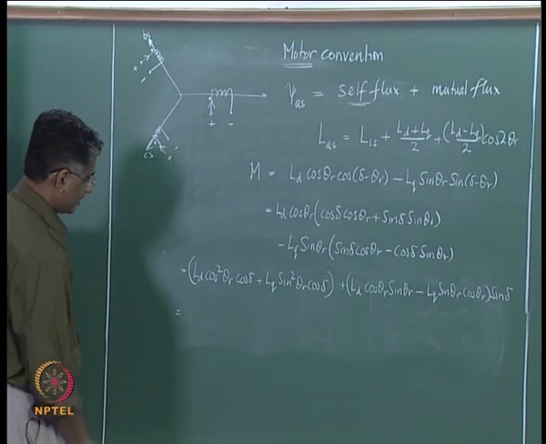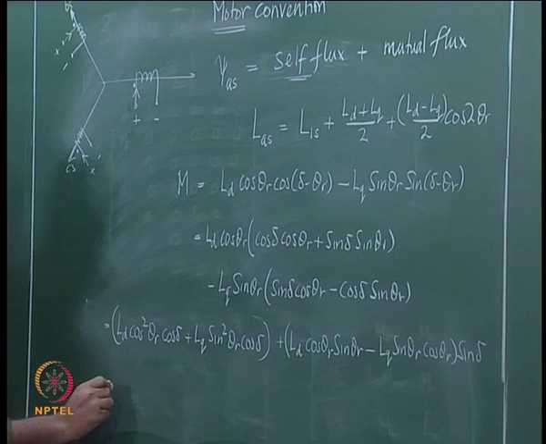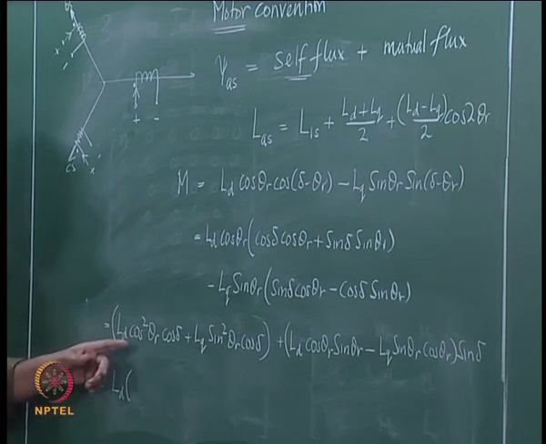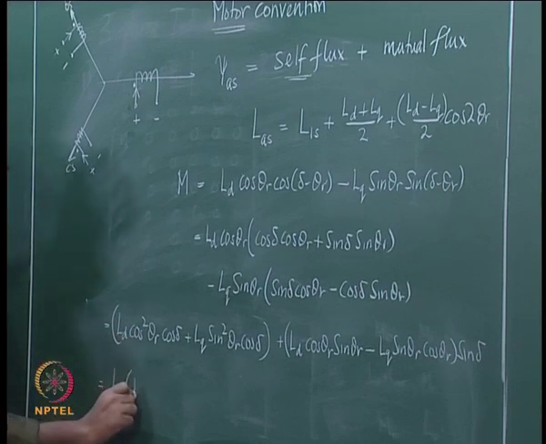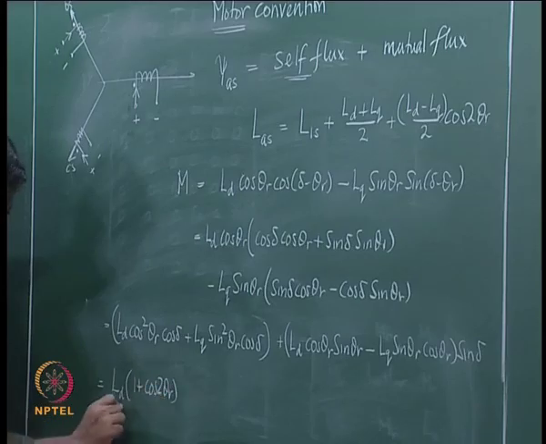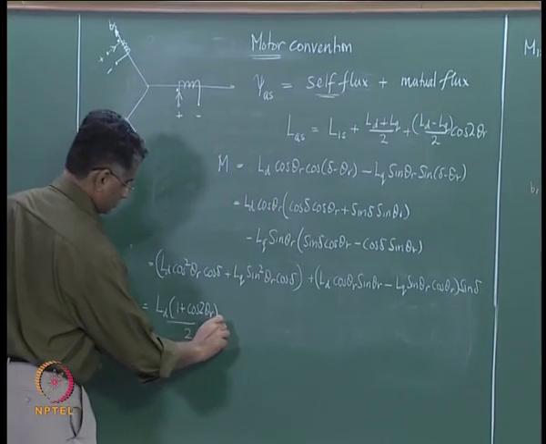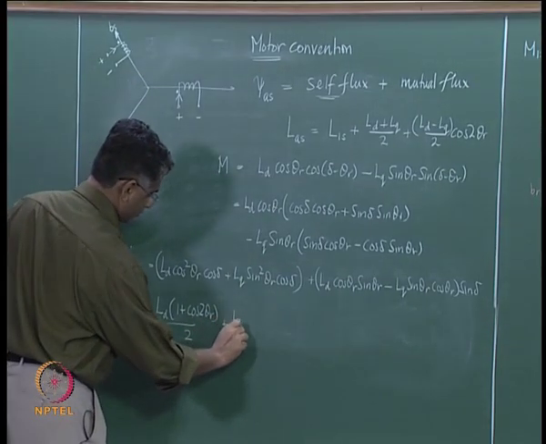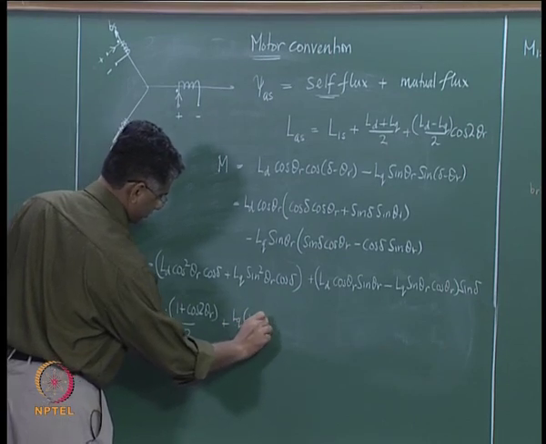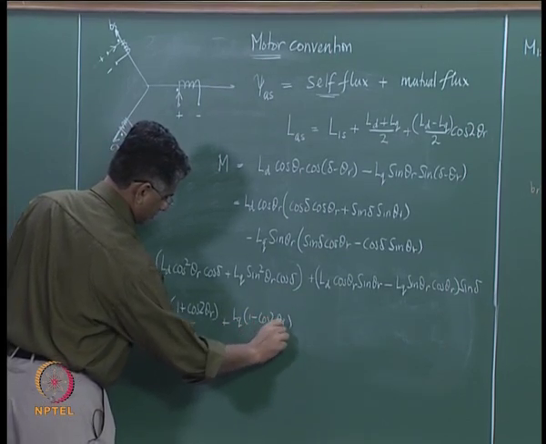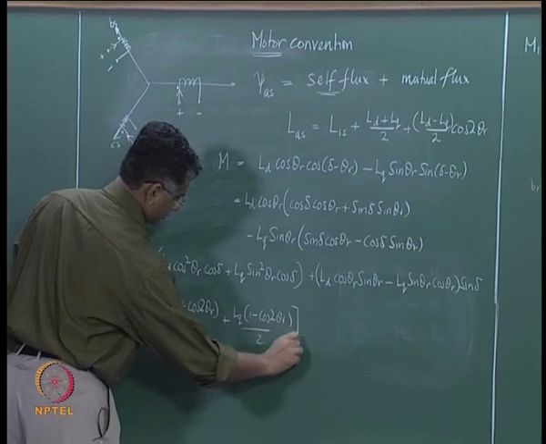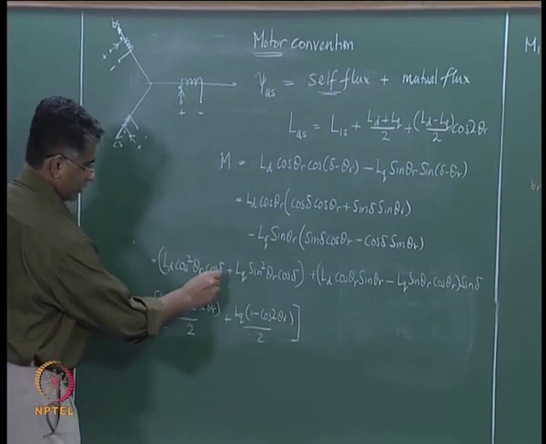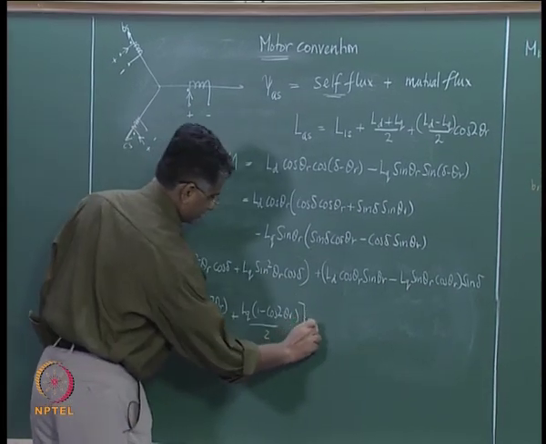So, this can be written as LD into cos square theta r, which is 1 plus cos 2 theta r by 2, plus LQ into 1 minus cos 2 theta r by 2, this whole thing multiplied by cos delta in both places.